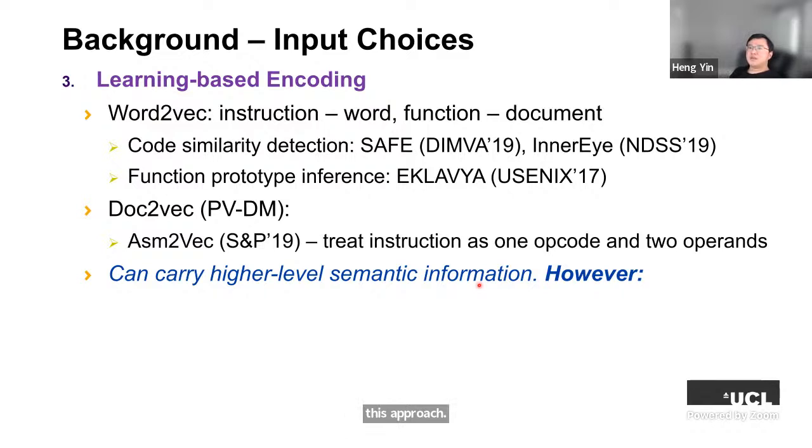ASM2Vec takes this approach. In this case, it treats an instruction as one opcode and two operands, so kind of formats, and then learns the embeddings at the token level. So you can carry higher-level semantic information, hopefully, right?